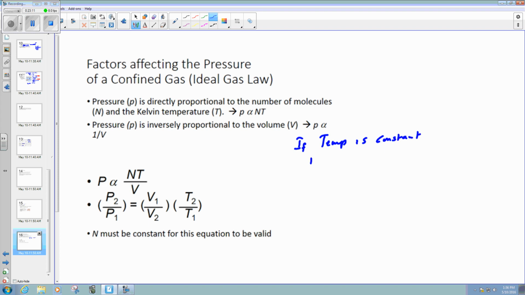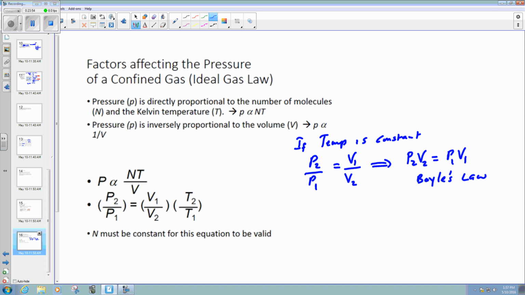And what it will say is that the ratio of the pressures is equal to the ratio of the volumes. P2 is pressure at a later stage, and P1 is the pressure at the initial stage. This is usually written as P2 V2 is equal to P1 V1, and this is referred to as Boyle's law. So if we keep the temperature constant, we find that there is a definite relationship between the pressure and the volume. The pressure varies inversely proportional to the volume.